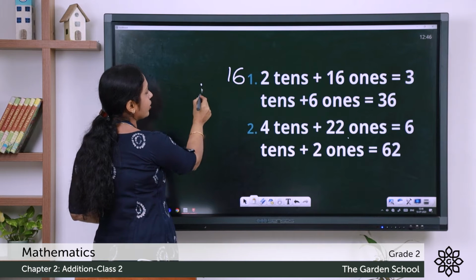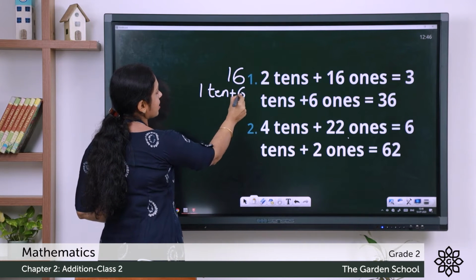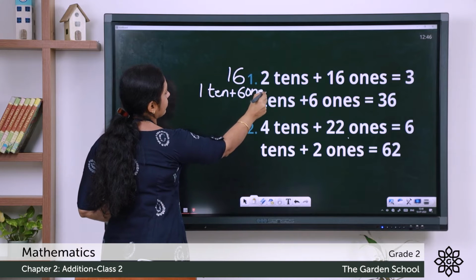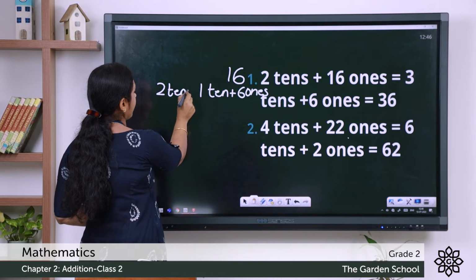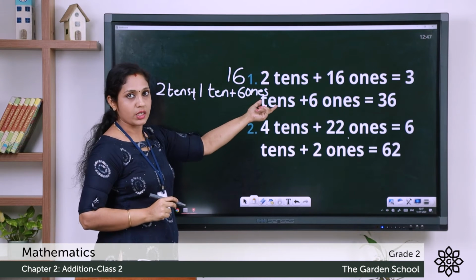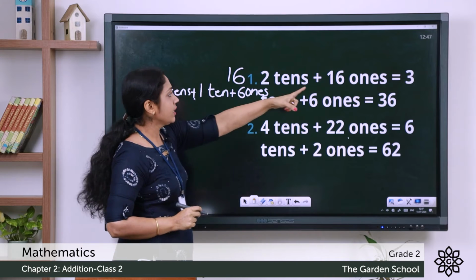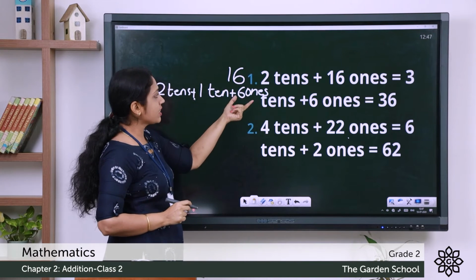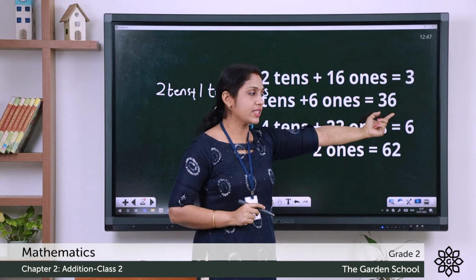So we are going to write 1 ten plus 6 ones. So we have 2 tens plus 1 ten plus 6 ones. So the total we get 2 tens plus 1 ten is 3 tens and the remaining 6 ones we are writing here and the answer is 36.